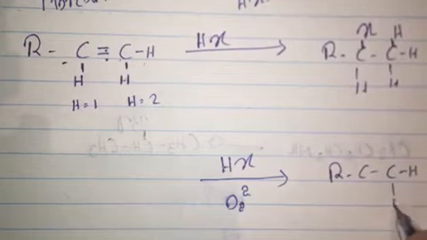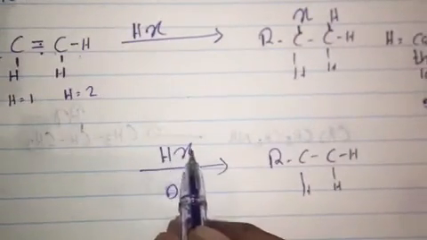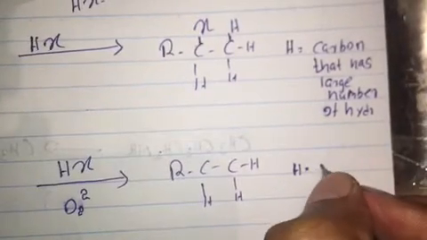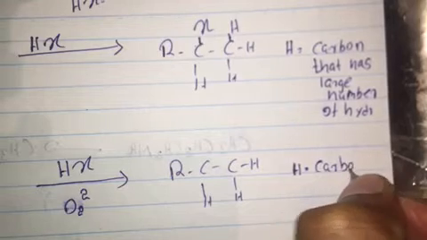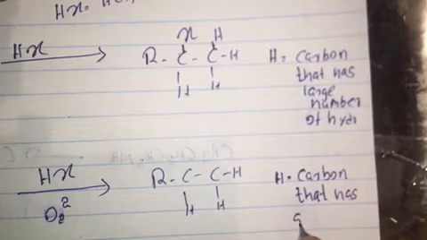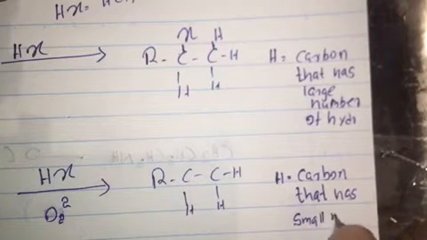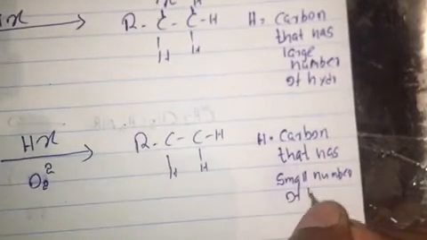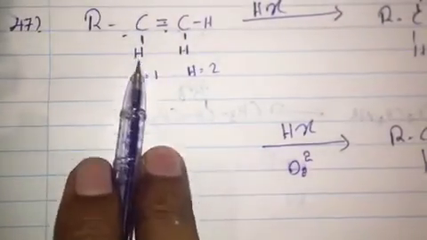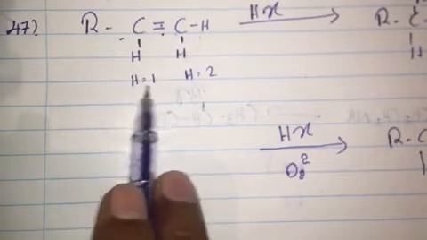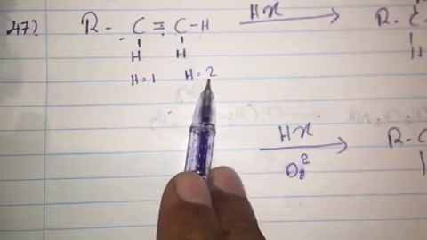After breaking the pi bond, the hydrogen attaches to the carbon that has a small number of hydrogens. See this one: again this carbon has one hydrogen, this carbon has two hydrogens.